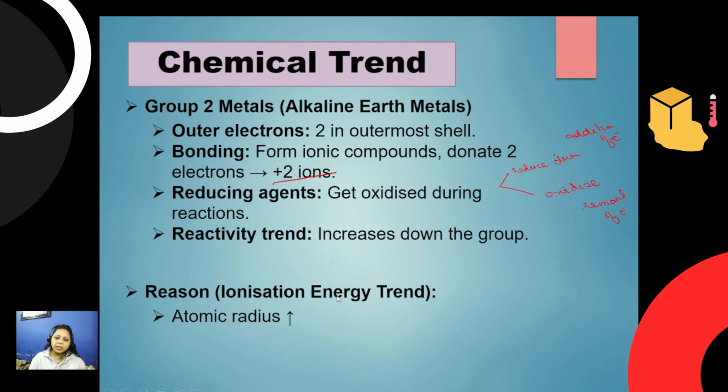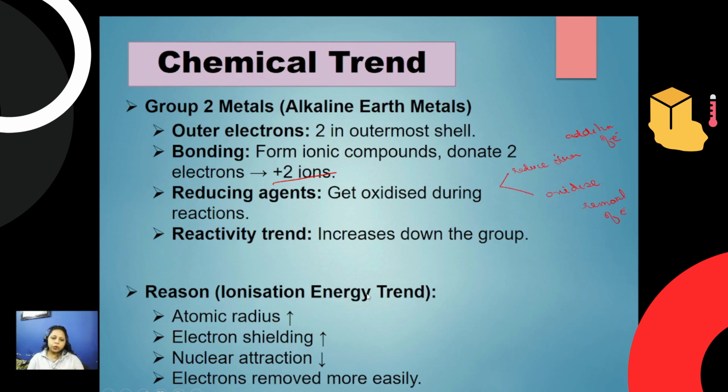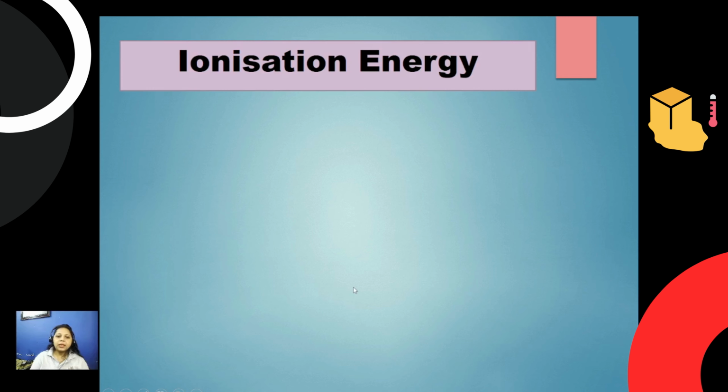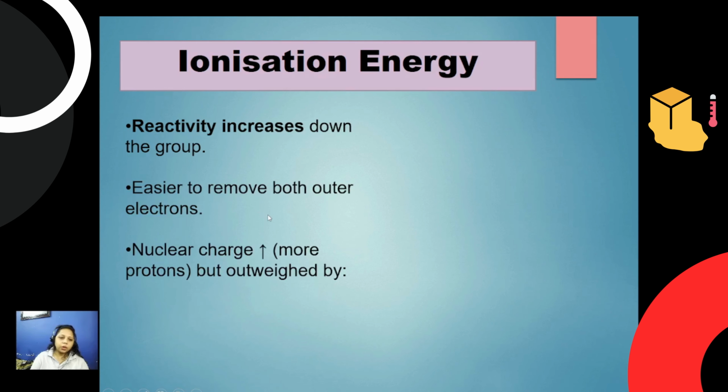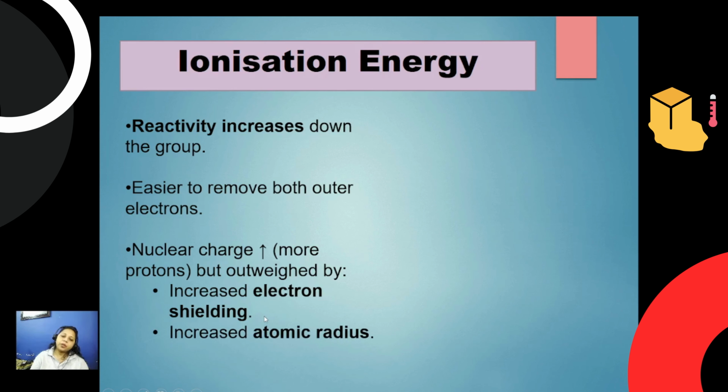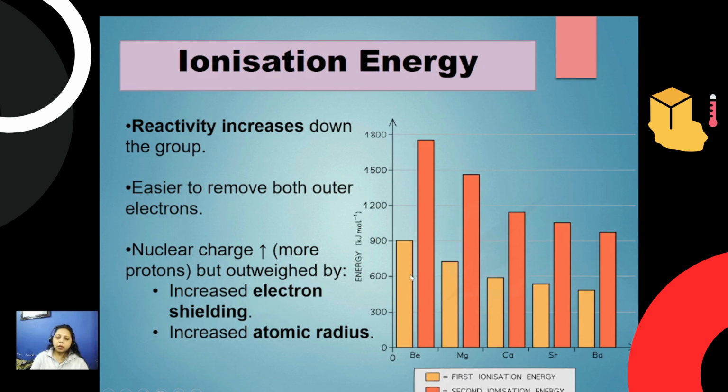Number one, the atomic radius increases. Number two, there is more shielding effect. Number three, there is less nuclear attraction, due to which the electrons are easy to remove. Simple. Let's look into the trend of these. Reactivity increases down the group because the electrons are easier to remove, with increased shielding effect and more atomic radii.